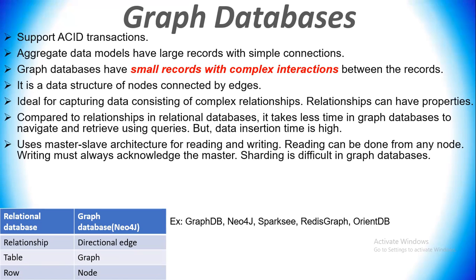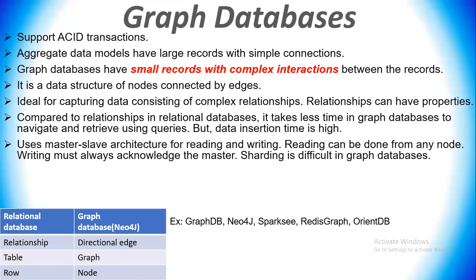The master is also involved in reading, but not much priority is given to reading; to handle write conflicts, the master is involved. So for these graph databases, the replication mode involved is master-slave, the default one.